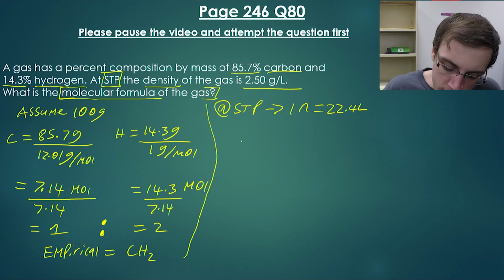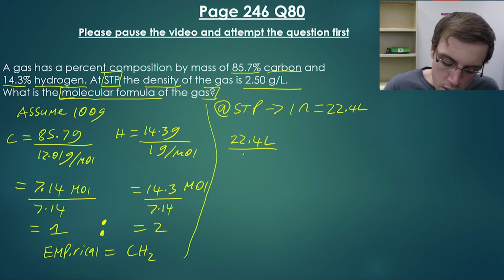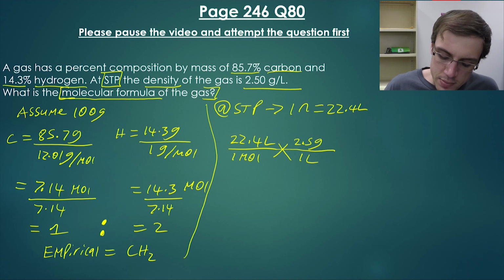So if we know that 1 mole is equal to 22.4 litres, we can go 22.4 litres over 1 mole. Again, this is how we write our conversion factors. And what we can also do is multiply this by our density, because we know that 2.5 grams is in 1 litre. So we can see here that our litres cancel.